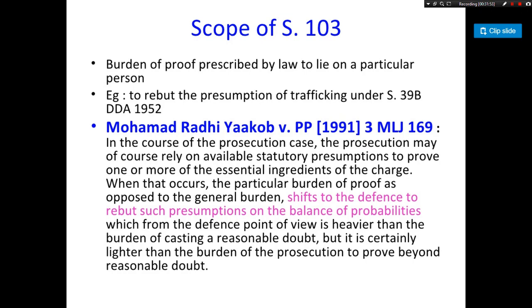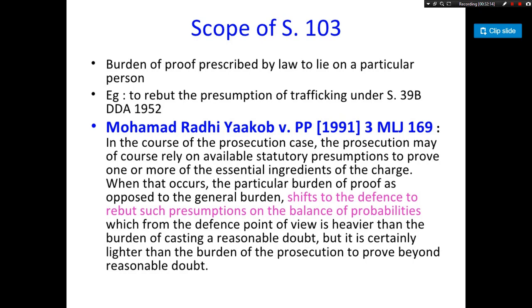Muhammad Rajeev v PP [1991] 3 MLJ 169. In the course of the prosecution case, the prosecution may of course rely on available statutory presumptions to prove one or more of the essential ingredients of the charge.